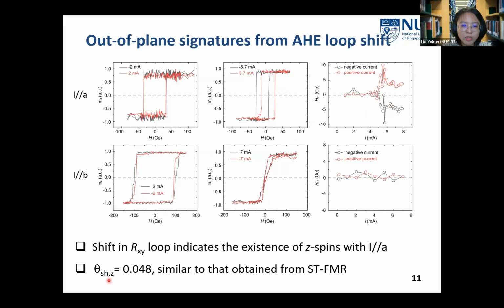We obtain a number similar to the number obtained from our STFMR measurement, which measures the spin torque generated in the in-plane magnetic FM layer.